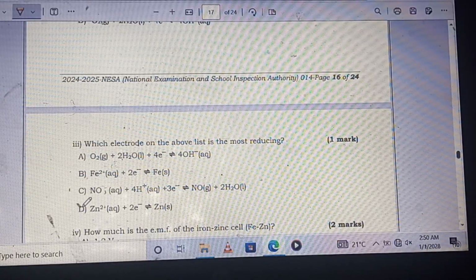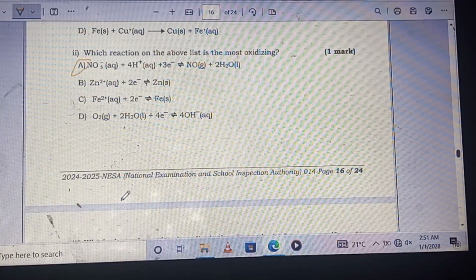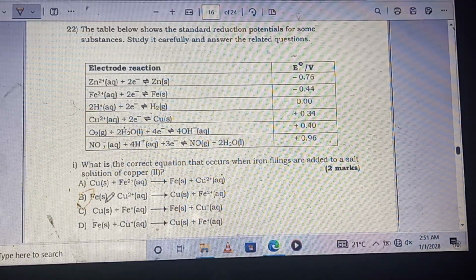The correct answer is letter D, zinc. In order to know what is the most reducing or oxidizing, you look at the electrode values. When we have the highest electrode value, it means the most oxidizing.